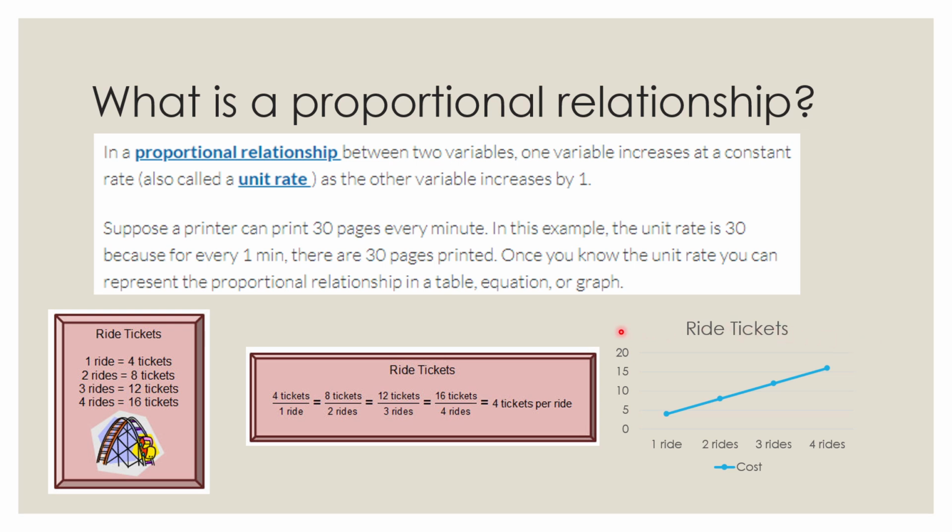But you know what? We don't have numbers that big on this graph. So our unit rate tells us how much 1 unit is. It could be cost, it could be tickets, it could be really anything, but we're just looking at if there is one unit on the bottom of our fraction, that is our unit rate.